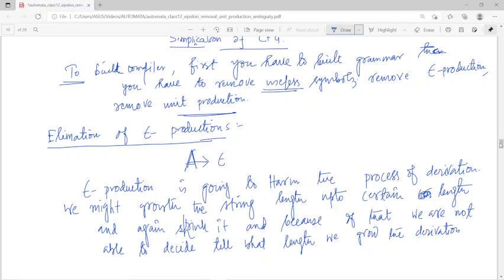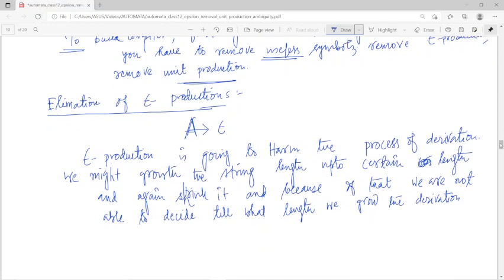If you want to produce a string of length 5 or 6, you don't know how much time it will take, because there will be epsilon productions.